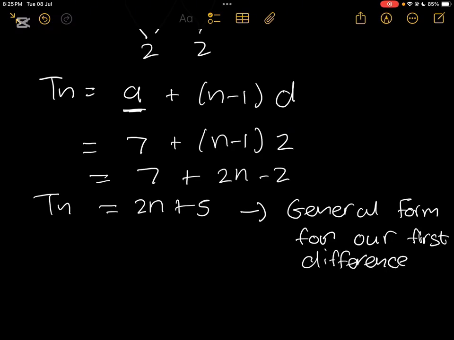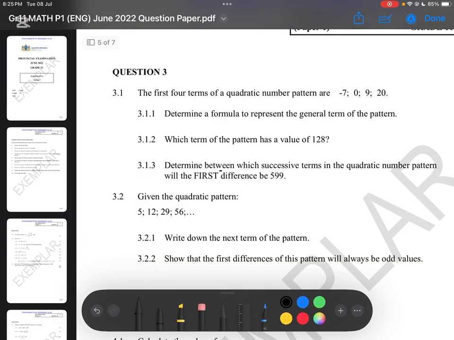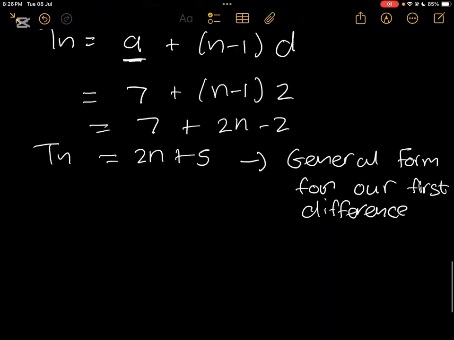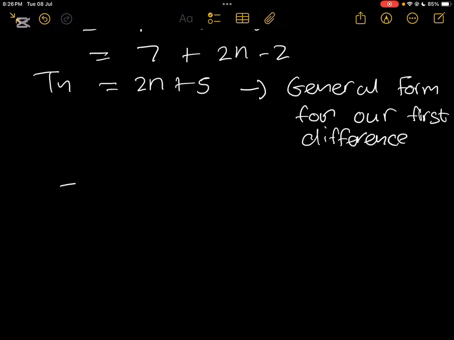Let's just go back to the question. Determine between which successive terms in the quadratic number pattern will the first difference be 599. What we do now is we equate 599 to our general formula for our first difference, 2n plus 5.